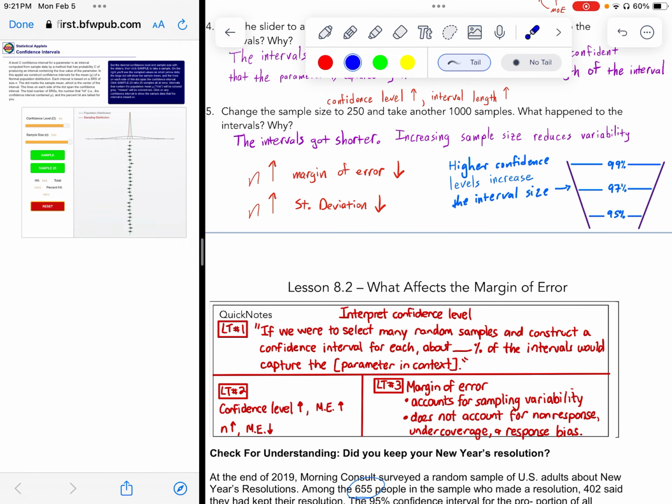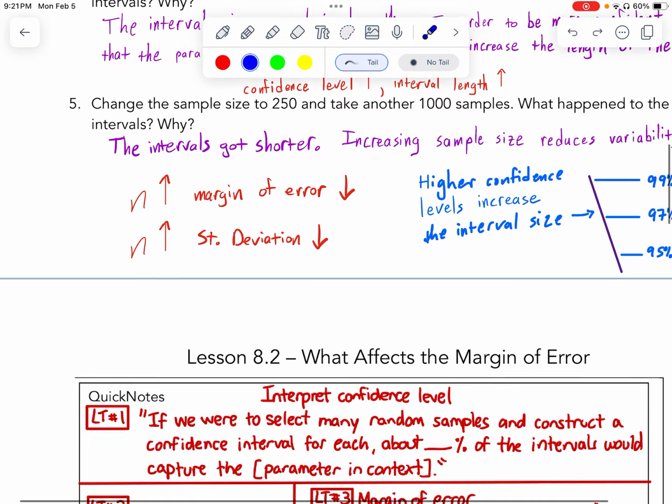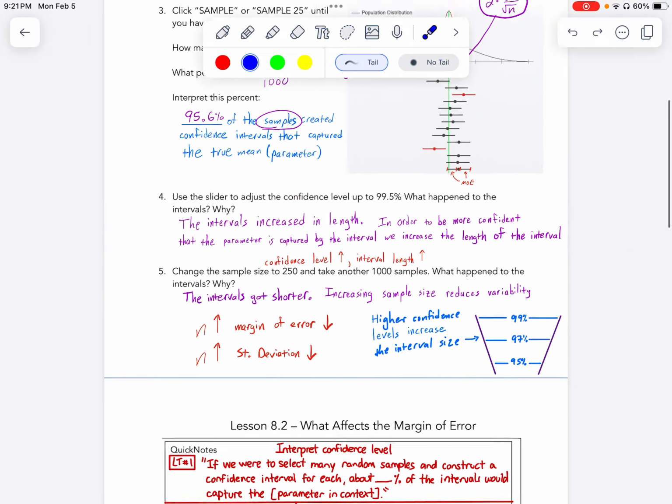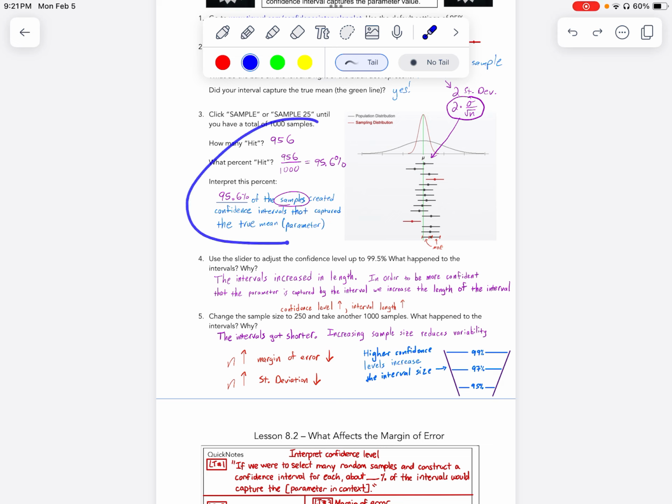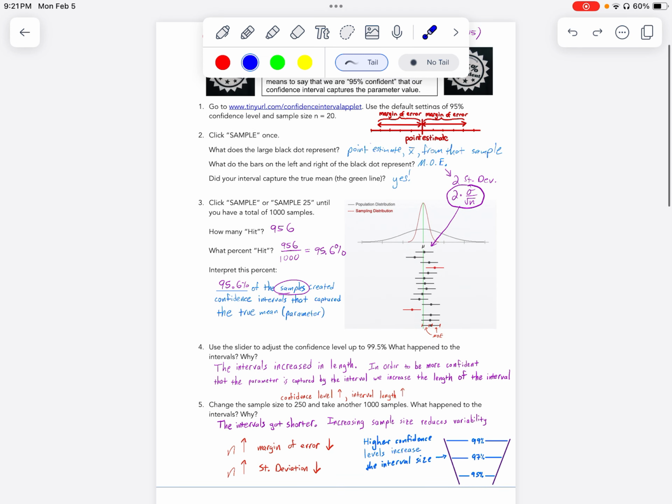Interpreting the confidence level, this is what we were doing right here. We made 1,000 samples. We set it at 95% confident, and we ran 1,000 samples. This is what we found to be true for those 1,000 samples, that pretty much 95% of them created intervals that captured the true mean.